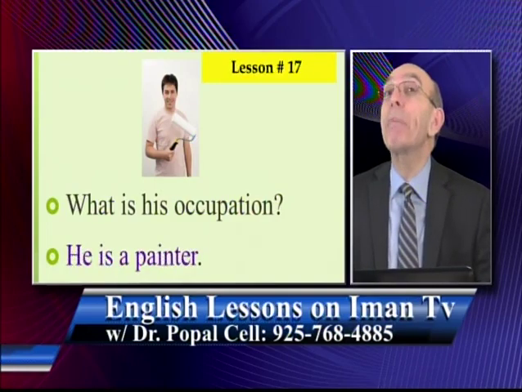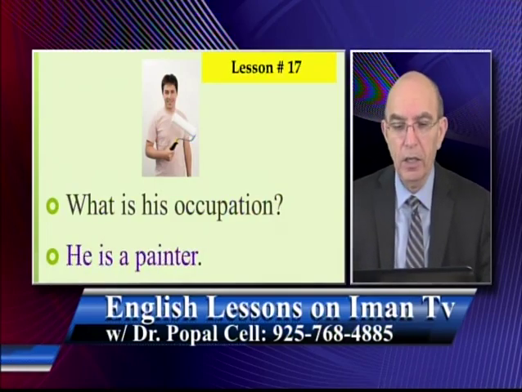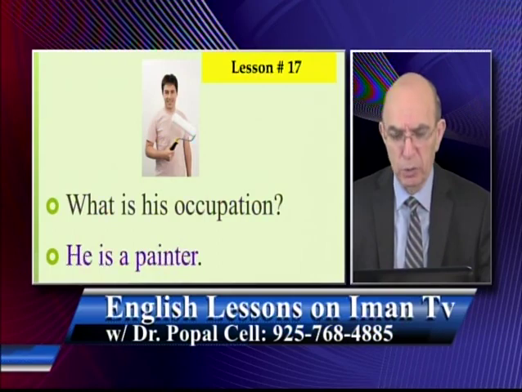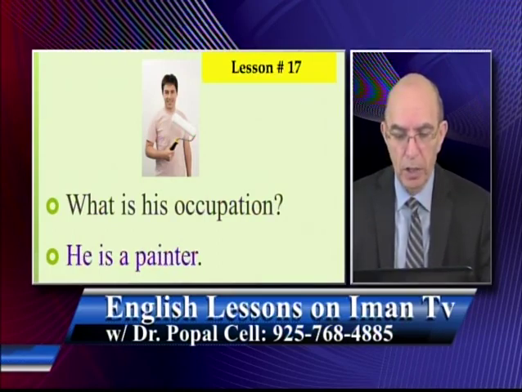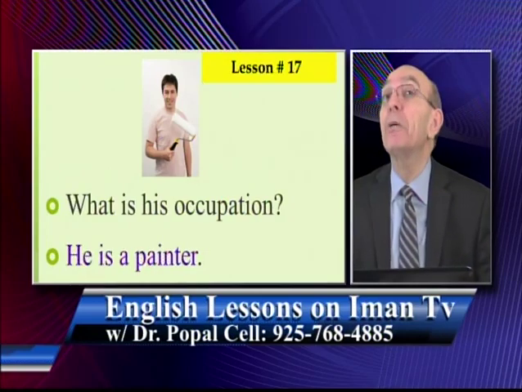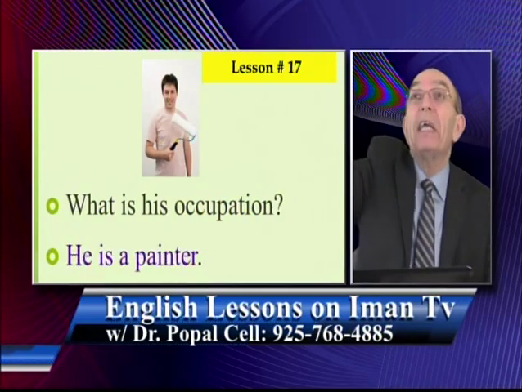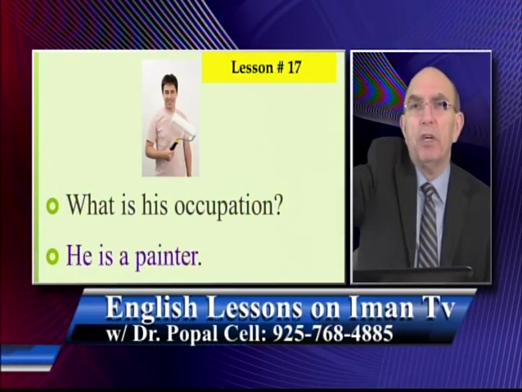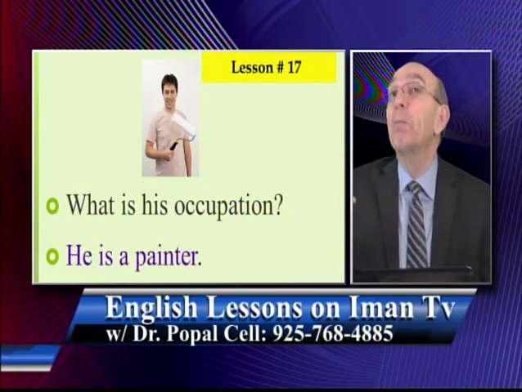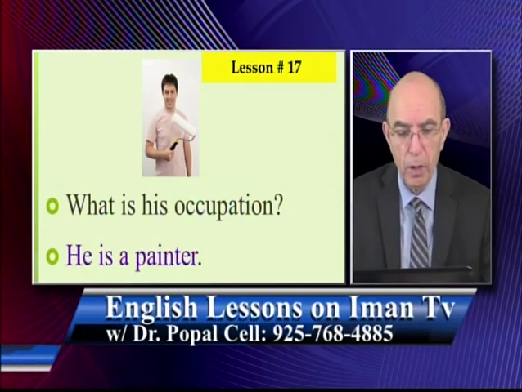He is a painter. Okay? What does a painter do? The answer is what? A painter paints wall. You paint and change the color from white to cream to pink to blue to whatever. So a painter paints a wall.